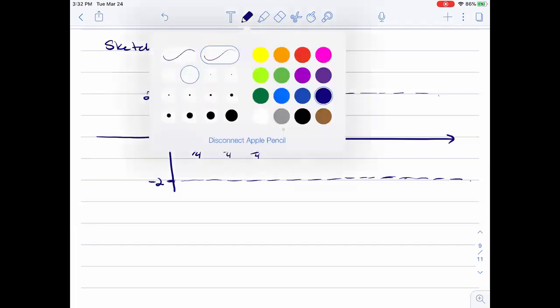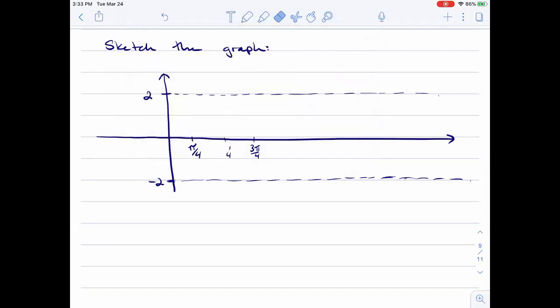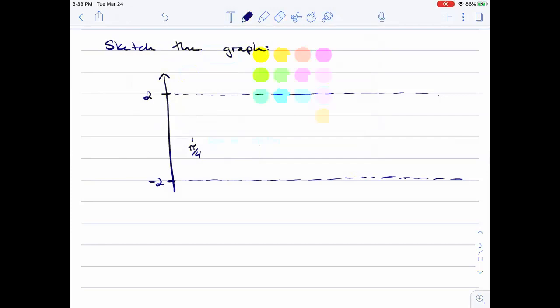Maybe I want to do distances of pi instead. Pi over 4, oh, whoops. Pi over 4, if I want to move out pi, then that puts me at 5 pi over 4.